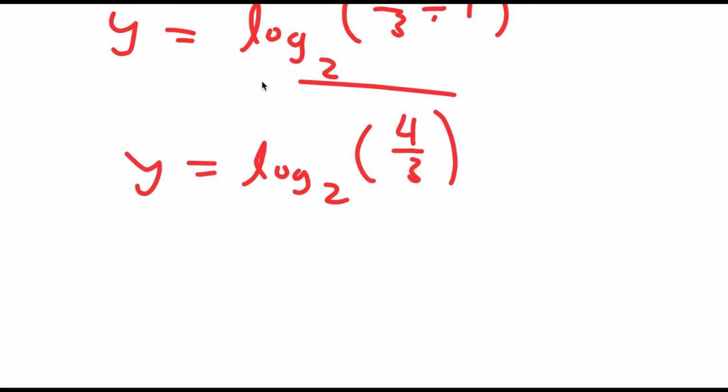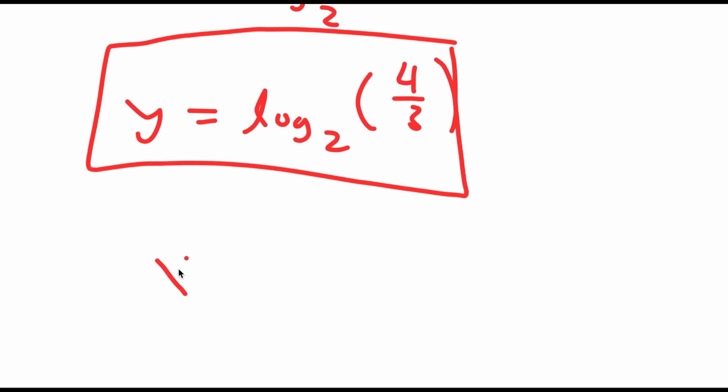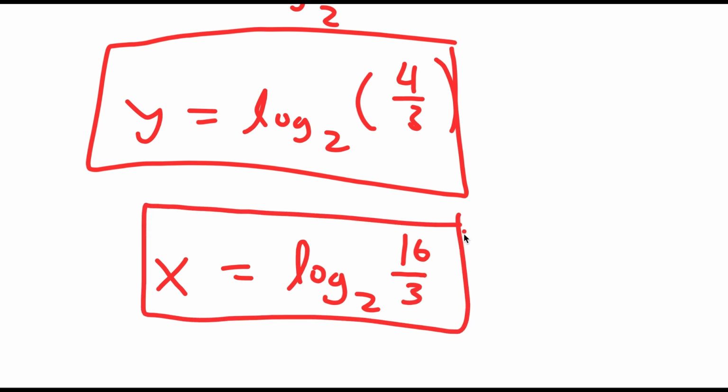So y is equal to log base 2 of 4 over 3, and x is equal to log base 2 of 16 over 3. So this is my solution to the system of equations.